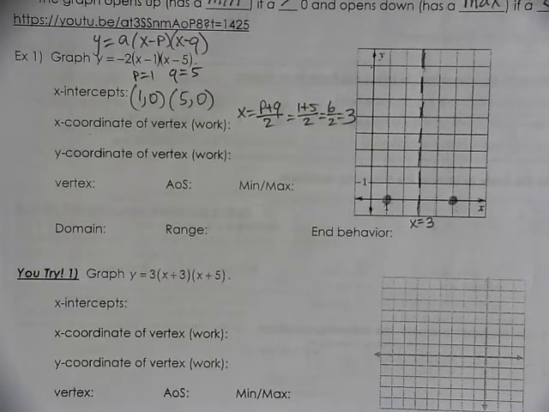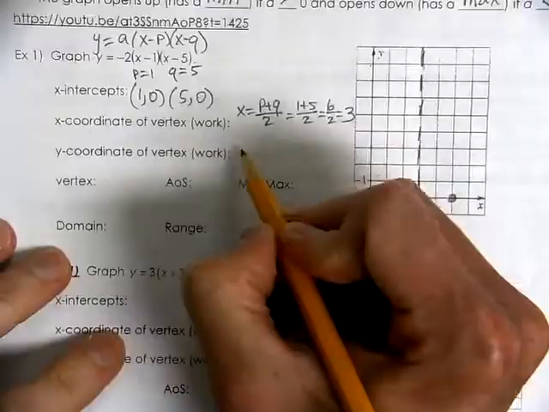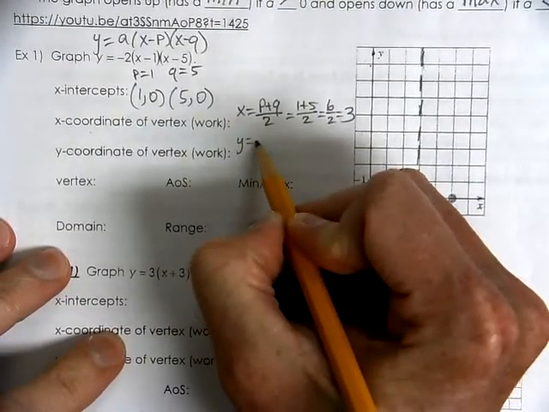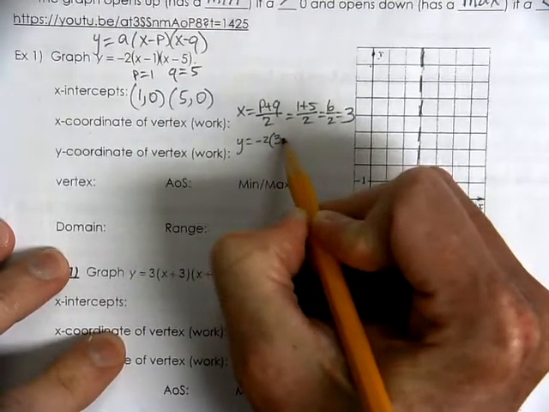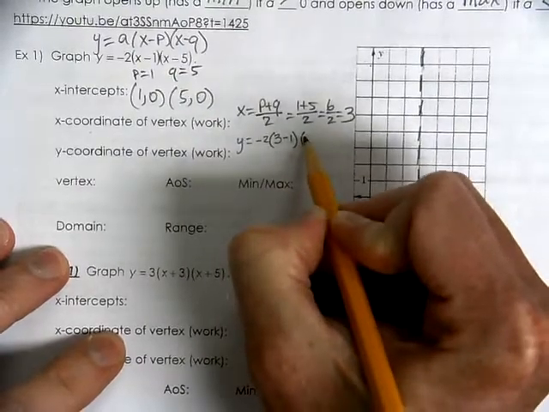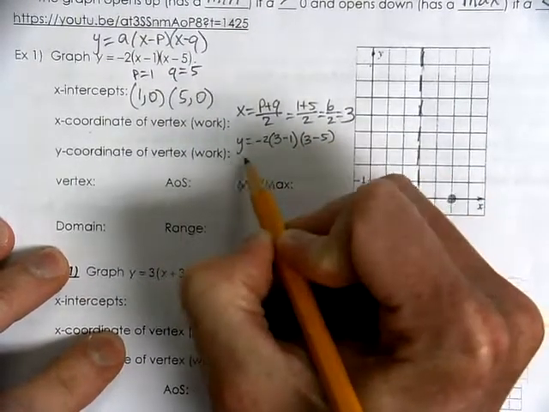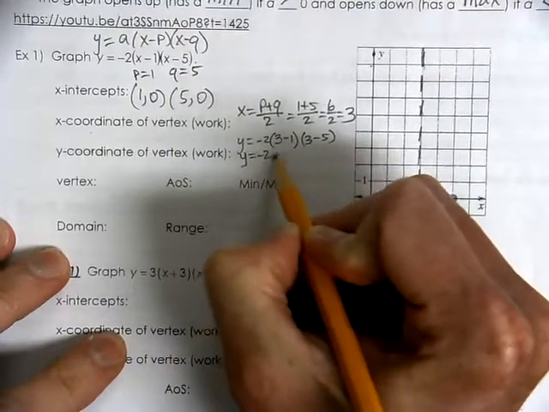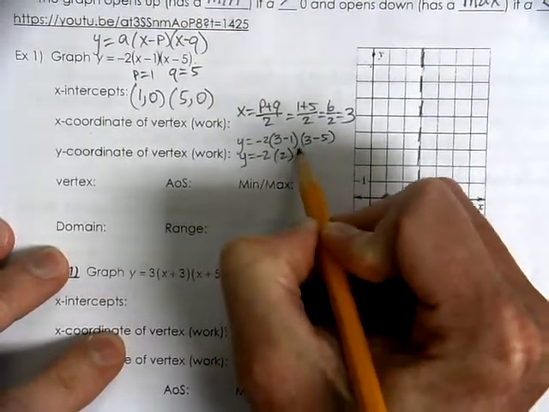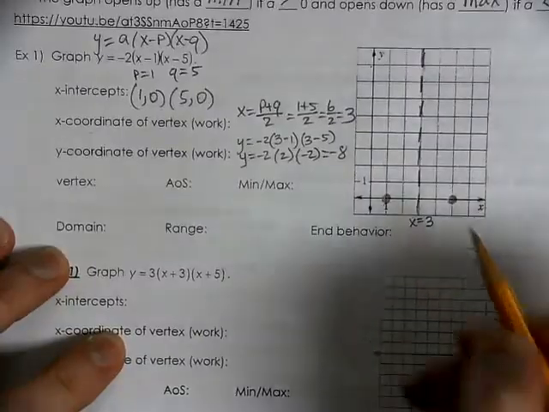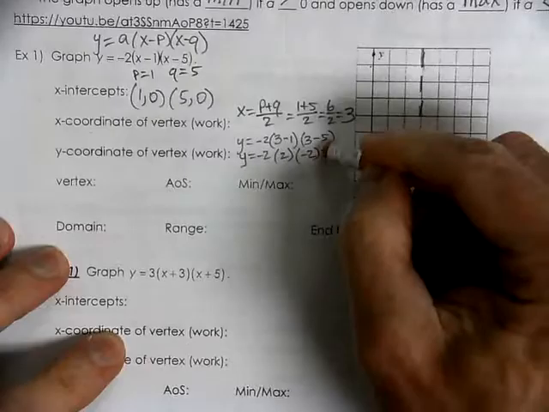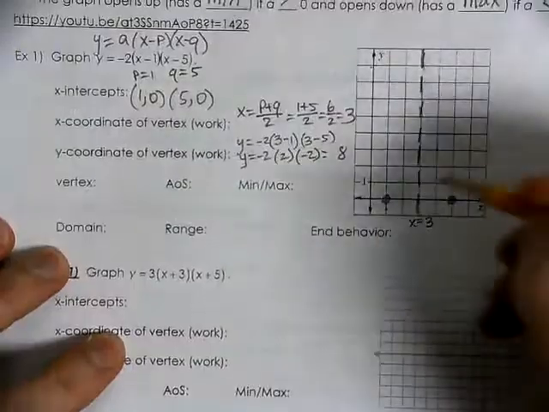Now our notes told us to take that line of symmetry and plug it back into the original equation. y equals negative 2. If x is 3, 3 minus 1 and 3 minus 5 gives us negative 2 times 2 times negative 2, which is a total of a positive, I wrote negative, a total of a positive 8.